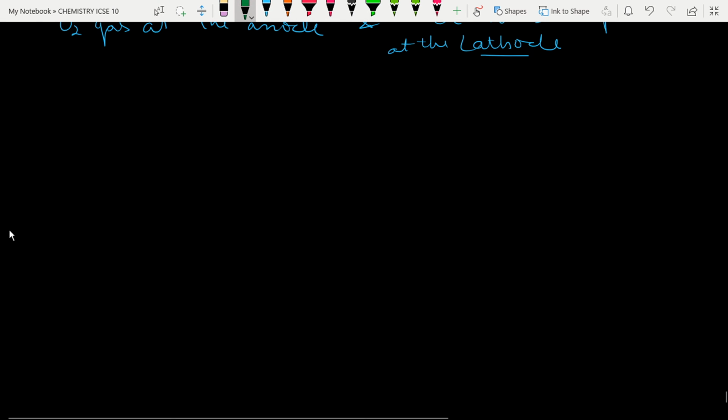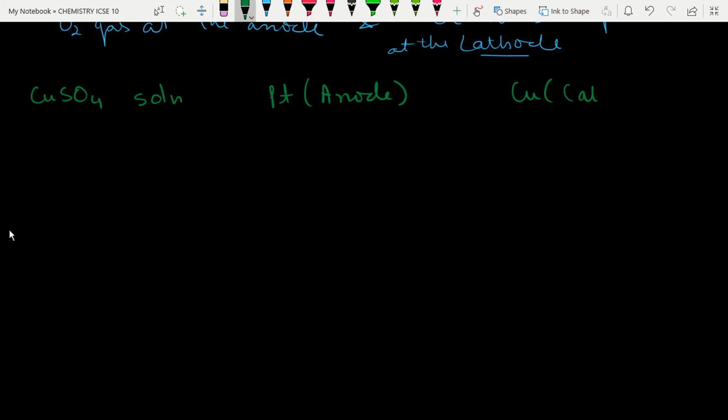And this one we are doing like this: copper sulfate solution, and we have taken a platinum anode and a copper cathode. So when you do this, the anode is still inert here, and the cathode is also inert as well.